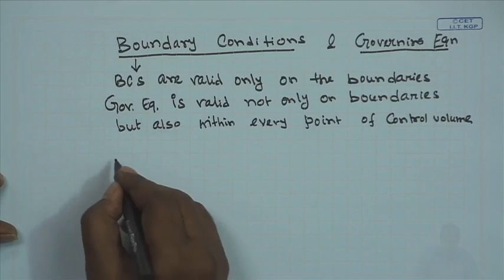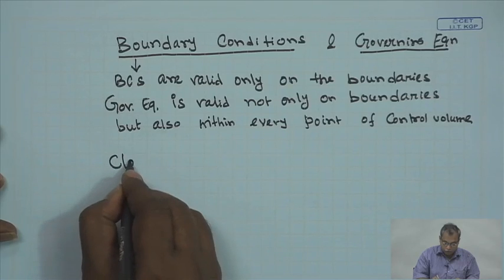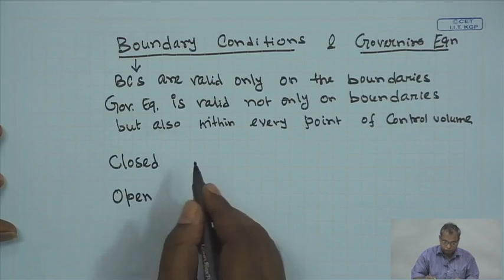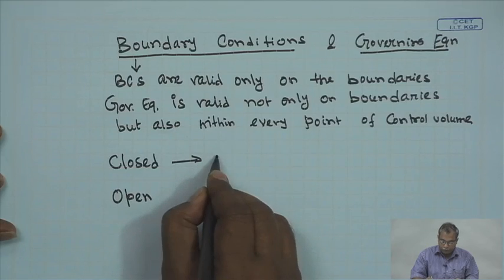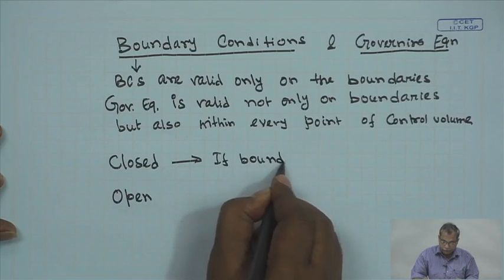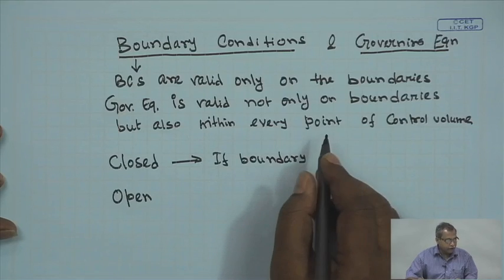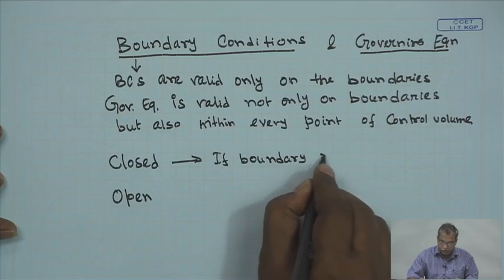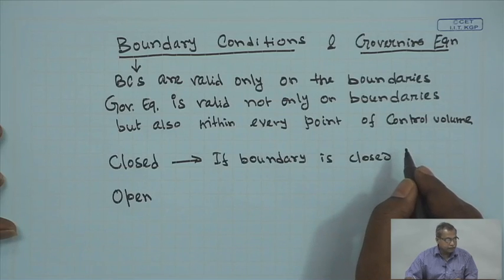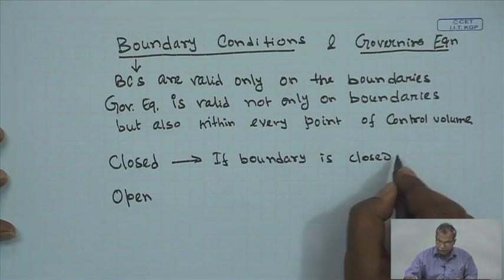There are two types of boundaries in general: closed boundaries and open boundaries. If the boundary is closed, that means it is surrounded by a region of interest, the boundary condition is specified on the boundary.